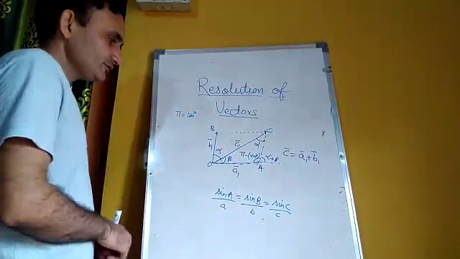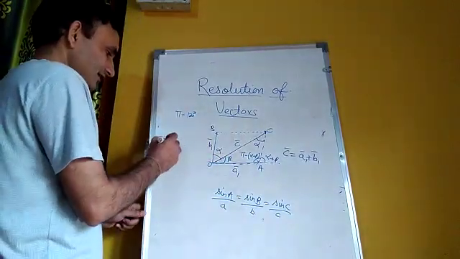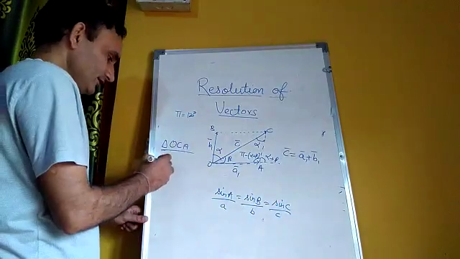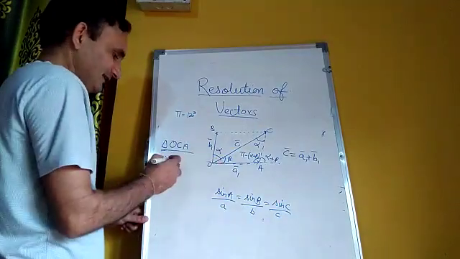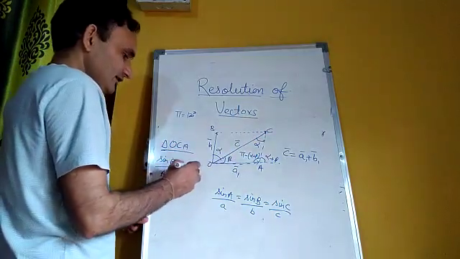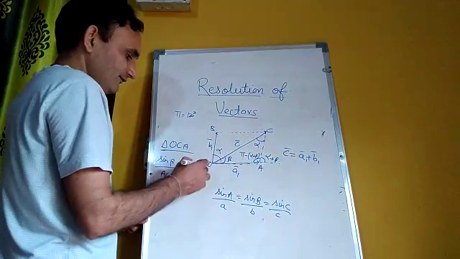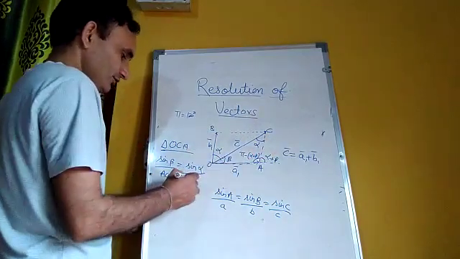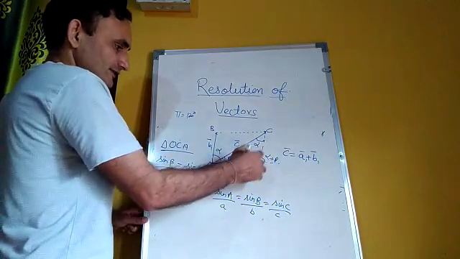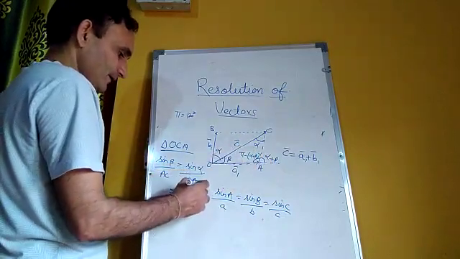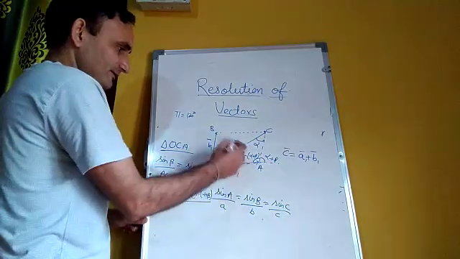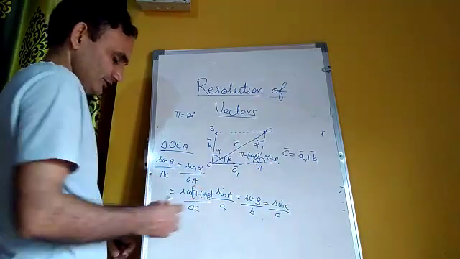Okay. So suppose our triangle here is the triangle OCA. In triangle OCA, sine of this angle beta over AC is equal to sine of this angle alpha over this length OA, which is equal to sine of this angle pi minus alpha plus beta divided by the side in front, OC.